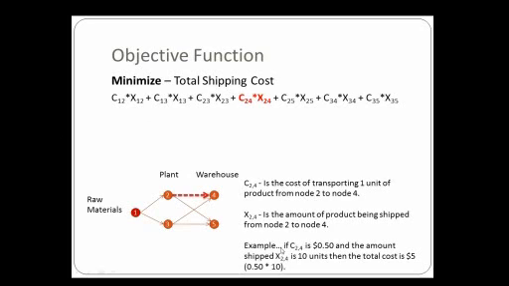It would be $5. It would be 50 cents, that would be the cost factor. The amount that I shipped, the X variable, would be 10 pallets. So the cost would be 50 cents times 10 pallets. That cost would be $5, just as an example. That's what each of those terms mean.